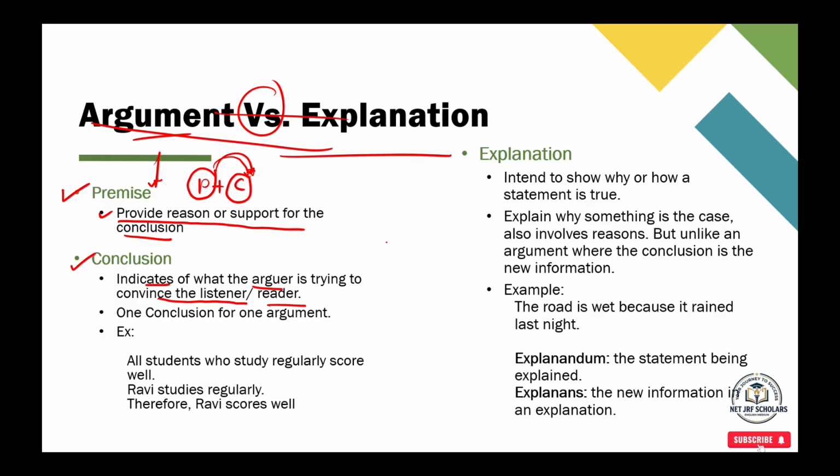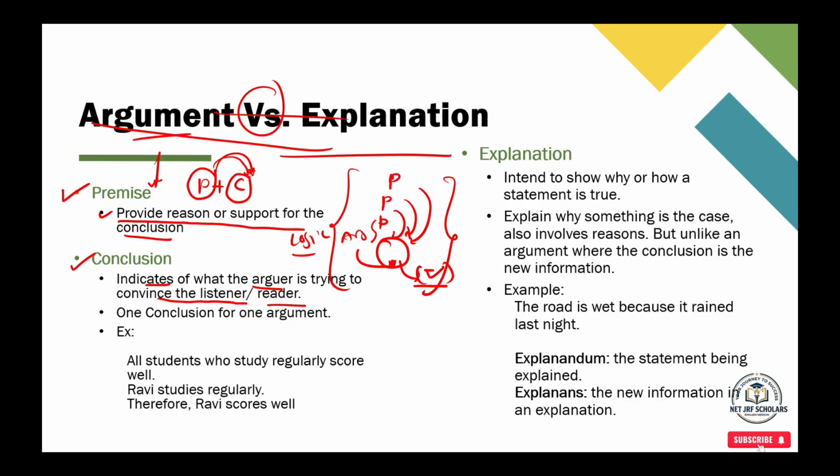Because he argues to convince you on one particular point by providing multiple premises that support his argument. As a result, you believe or are convinced that he is right. So this is logic, and this is an argument: premises plus conclusion. Only one conclusion for one argument, because you argue only one point and provide the premises for that one conclusion.